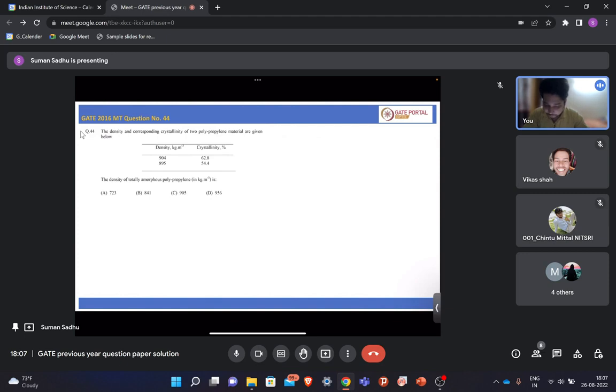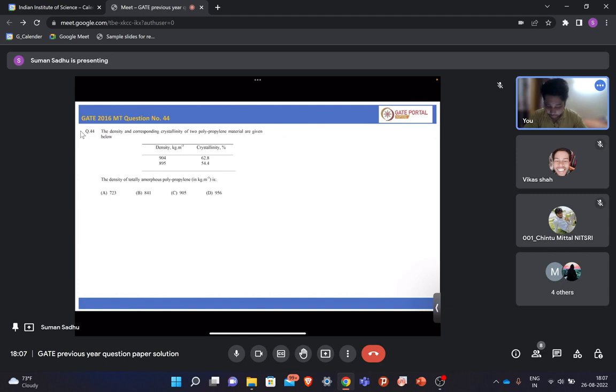Okay, so this is question number 44 of GATE 2016 Metallurgical Engineering. The density and corresponding crystallinity of two polypropylene materials are given below. For the first case, the density is 904 and the crystallinity is 62.8 percent. In the second case, the density is 895 and the crystallinity is 54.4 percent.